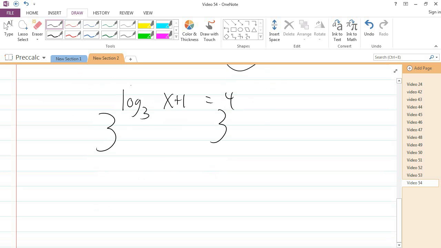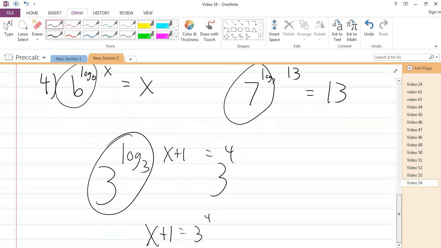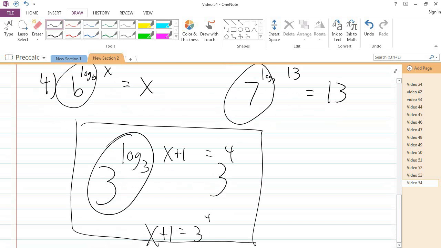Because over here, these two things, according to property 4, cancel out, and I'm left with just x plus 1 equals 3 to the fourth, which I can then solve. Now don't worry too much about this. We'll talk more about that later. I just wanted you to see an application of this property.